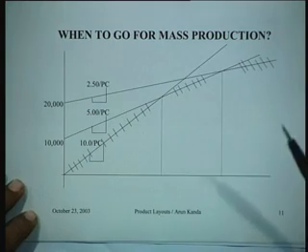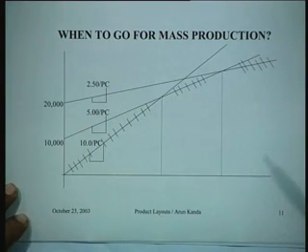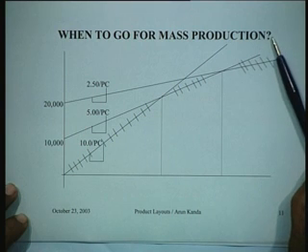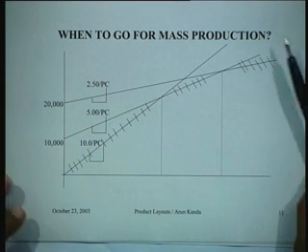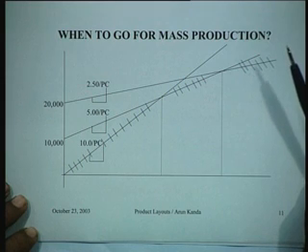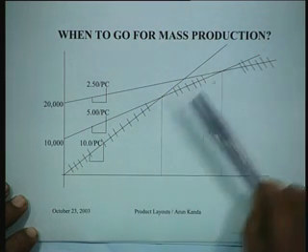Now, having understood the features of an assembly line, let us see, for instance, when to go for mass production. Incidentally, you must understand that this decision is primarily an economic decision. Just for the sake of argument, suppose we have three options.